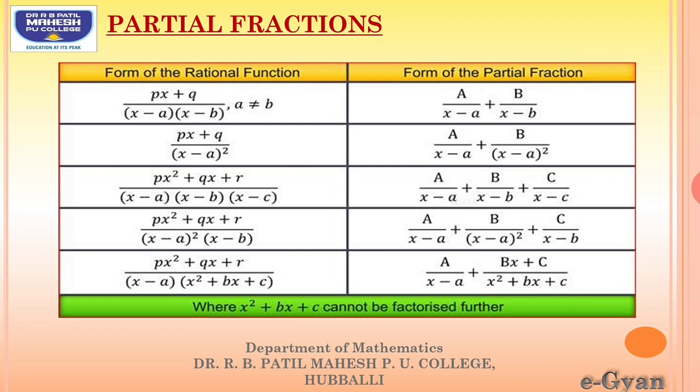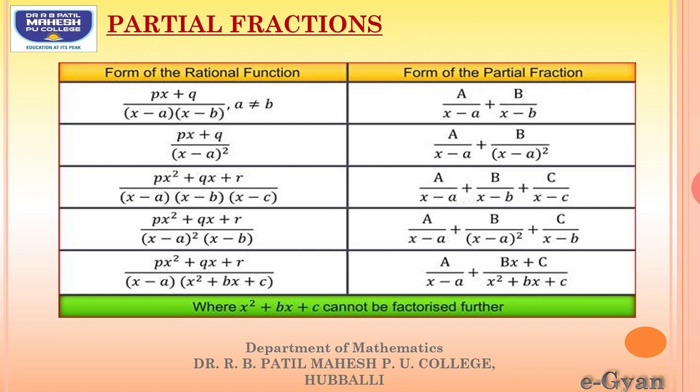In the first one, suppose the given rational function is (px plus q) divided by (x minus a) into (x minus b), where a is not equal to b. Then we can write it as A by (x minus a) plus B by (x minus b). Here capital A and B are constant terms.